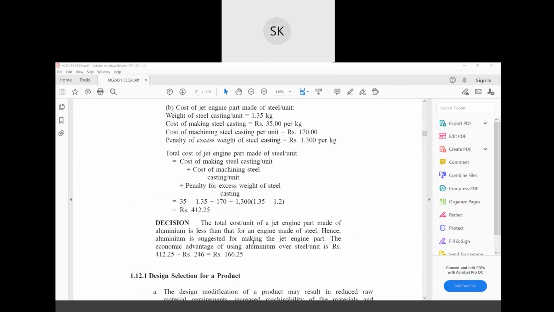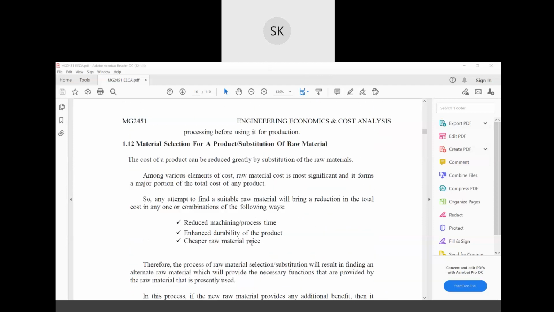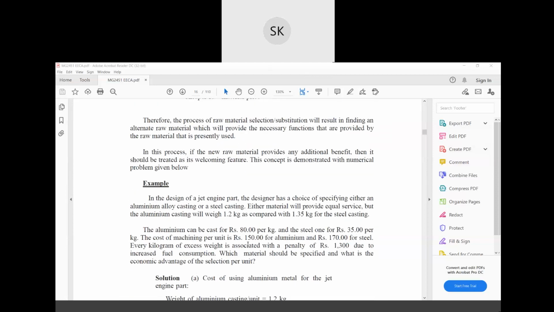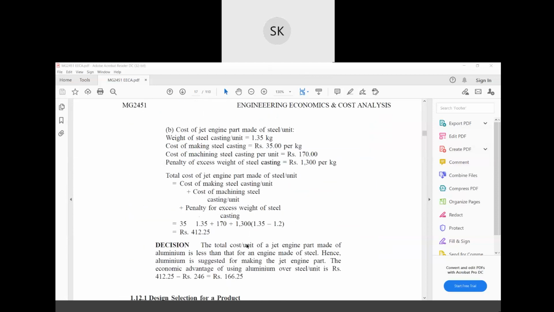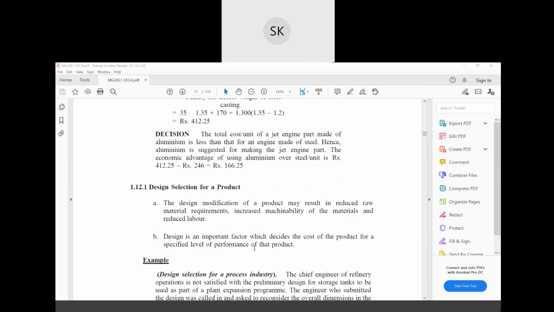The earlier one was material selection for a product, substitution of raw material. So under that, next will be design selection of a product. Design modification of a product may result in reduced raw material requirements, increased machinability of the material, and reduced labor. It is an important factor which decides the cost of the product for a specified level of performance of that product.